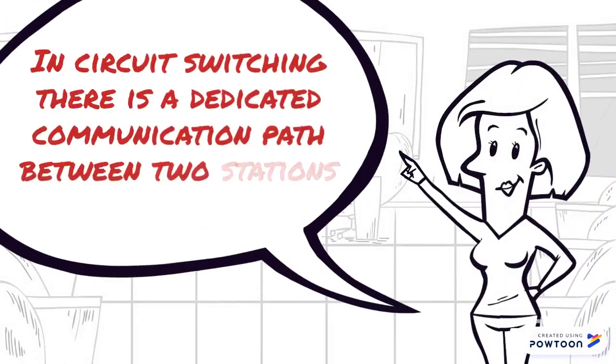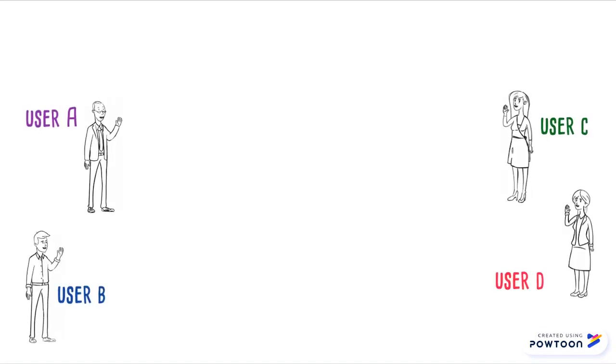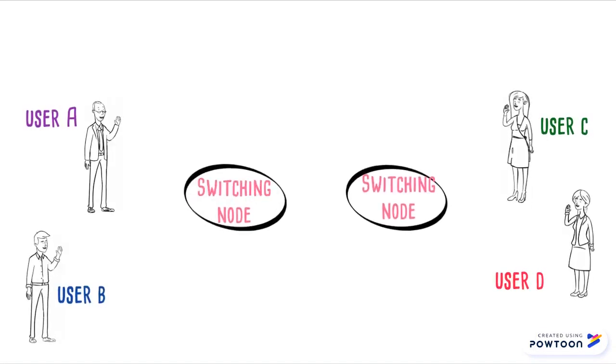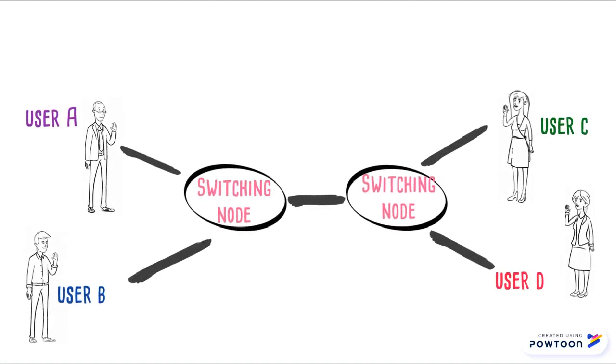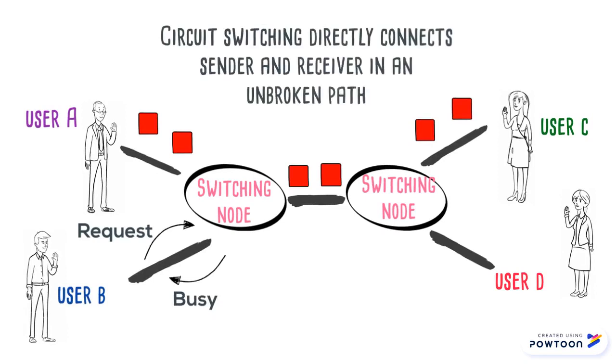In circuit switching, there is a dedicated communication path between two stations. Circuit switching directly connects sender and receiver in an unbroken path.